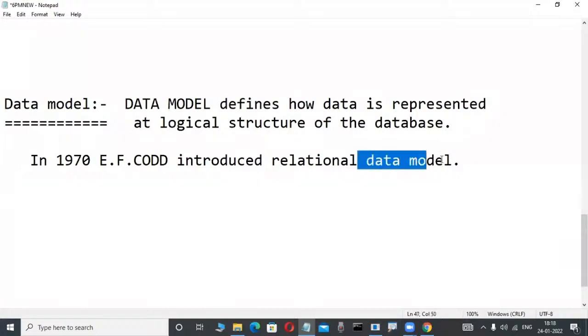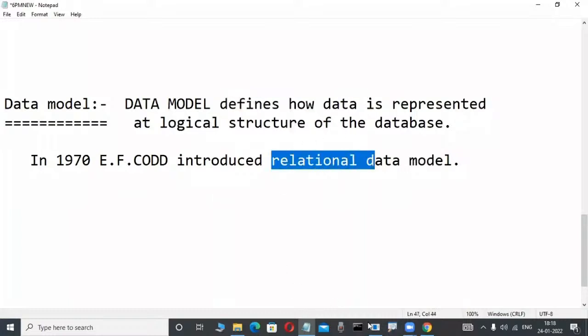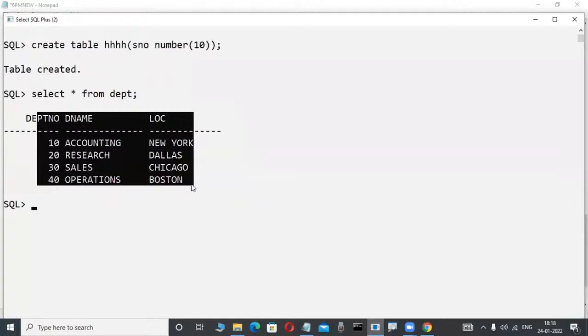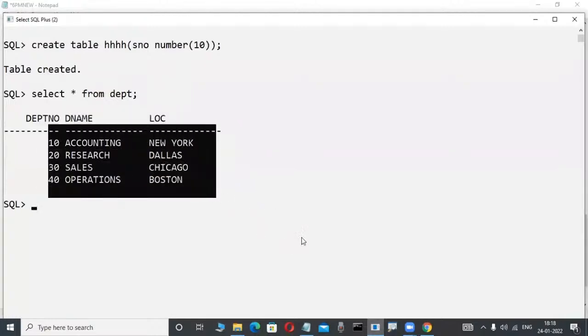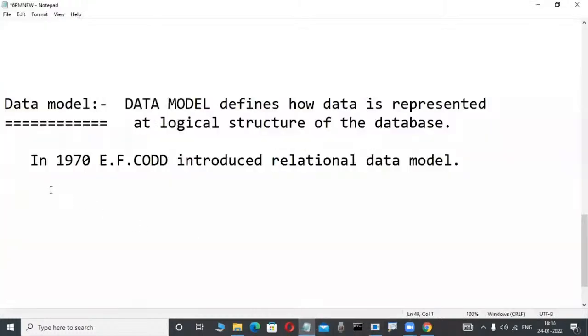Relational data model means what? What is the logic in a logical structure? How is data represented? Yes, relational data model means in a logical structure, this is a logical structure, this structure is not visible in the operating system. In this logical structure, data is represented in the format of rows and columns. That is nothing but two-dimensional tables. Observe it here.